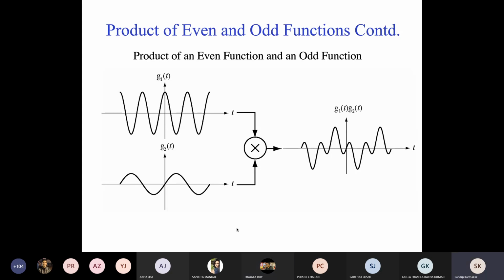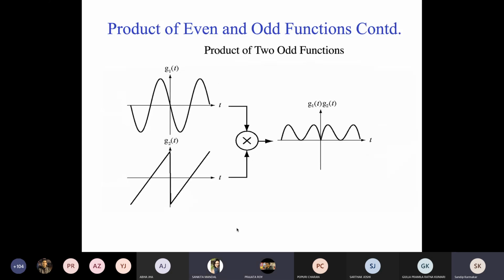G1(t) is even and g2(t) is odd, so their product g1(t) g2(t) is given on the right hand side. Is that an even function or odd function? Odd function, because it is not symmetrical with respect to the y-axis, right? Yes, sir.